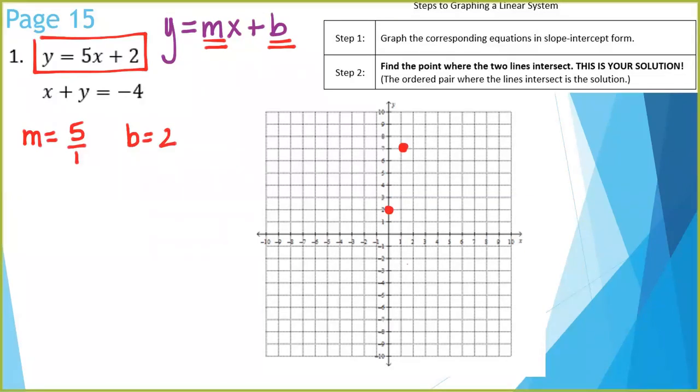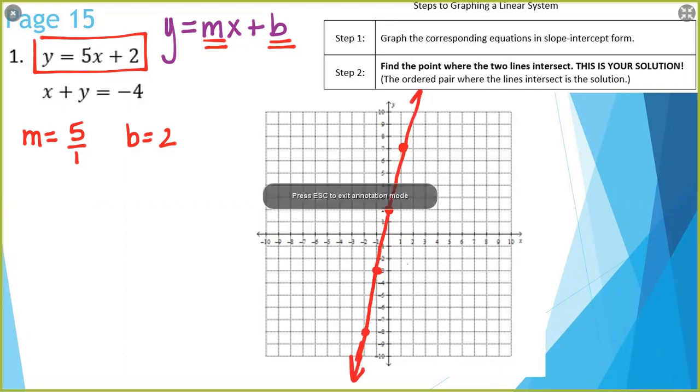I'm going to go down 5, so 1, 2, 3, 4, 5, to the left 1. It's a little bit harder to graph on an iPad because I can't put down a straight edge. So when I connect this line, it looks something like that.